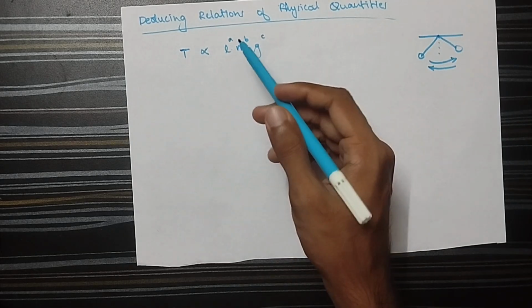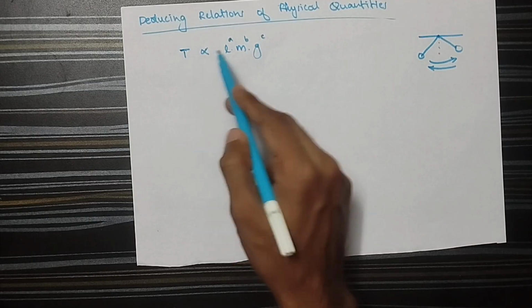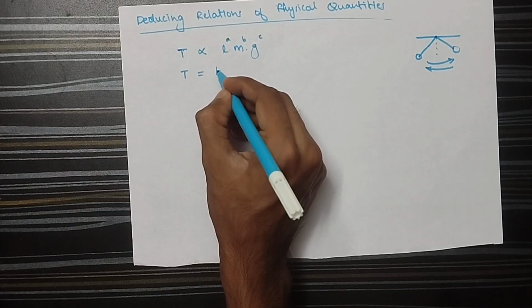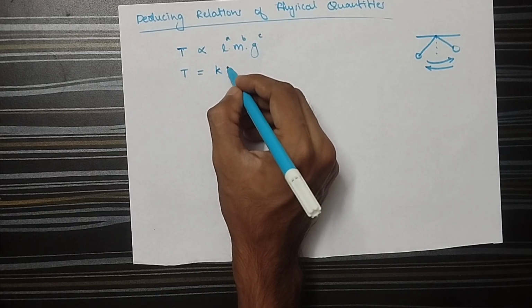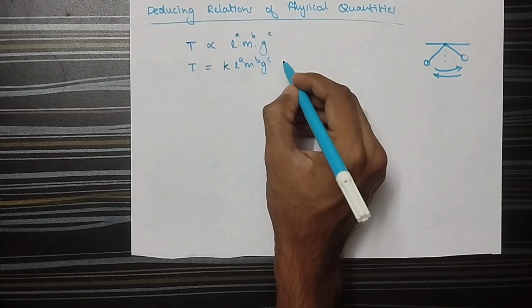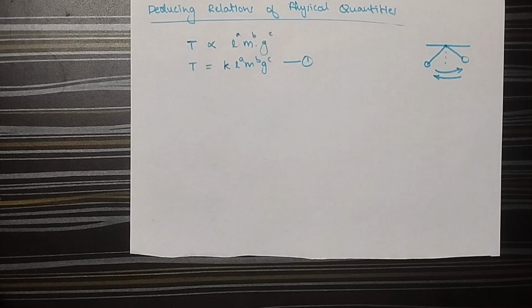Before that we have to make this an equality. So for removing the proportionality sign, we write equal to and multiply a proportionality constant k, L^a M^b g^c. This is our first equation. We'll come back to this equation.